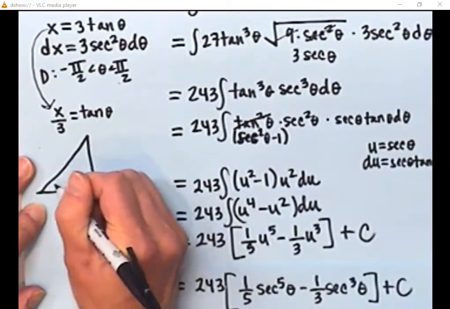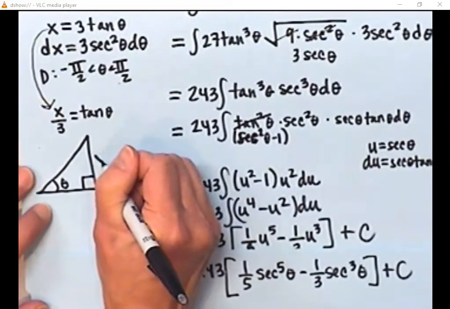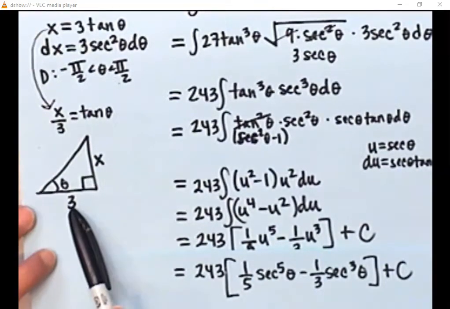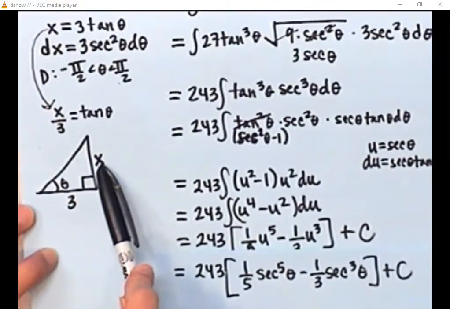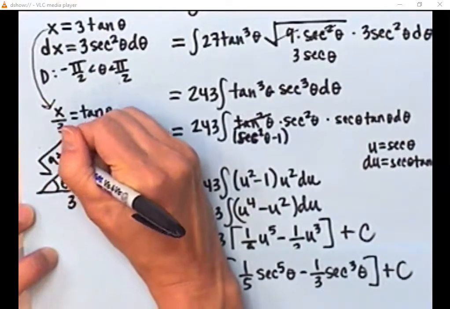I always make mine like this, but you can make yours however you want. Put in the theta, and you know the opposite and adjacent sides. So you could easily find the hypotenuse, right? What's that hypotenuse going to be? 3 squared plus x squared, and then square root. So yeah, square root of 9 plus x squared.